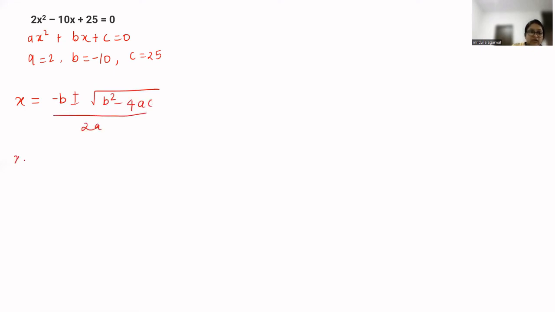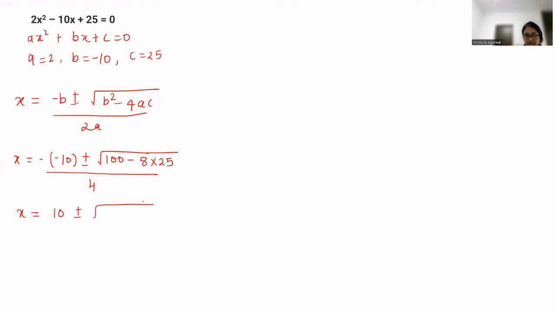Where you will substitute, please consider the sign as well, that is minus of minus 10 plus minus square root of b square. B square is what? 100. Minus 4ac. 4 into 2 is 8. 8 into 25 upon 2a. 2a is what? 4. So 8 into 25 is how much? 200.